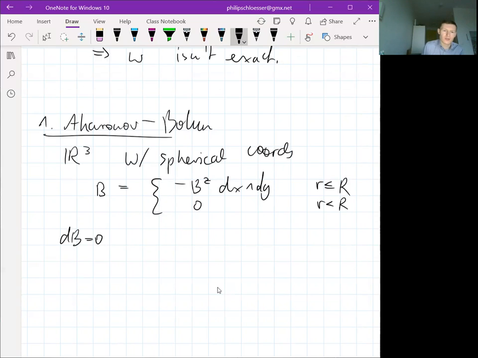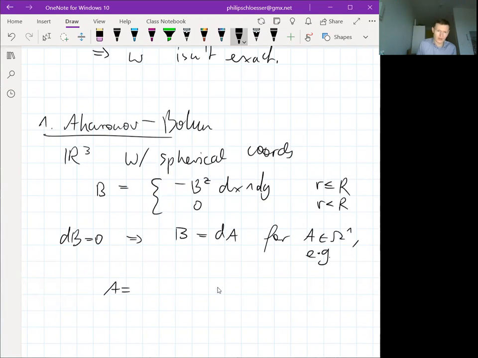Okay, so bz is a constant, so the exterior derivative of that thing is just 0, which means that B is equal to the exterior derivative of some other one form.